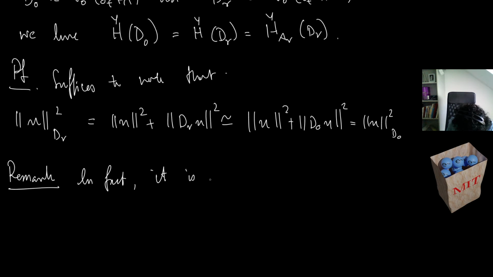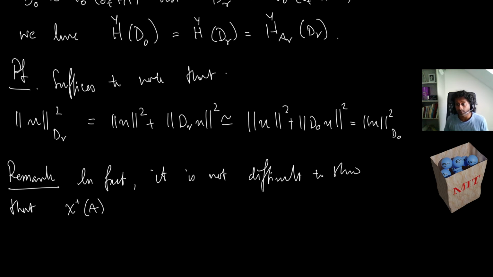It is not difficult to show that chi plus of A, so this is again in the situation where we are invertible omega bisectorial, or H minus A half, is actually equal to the trace map gamma acting on the kernel of D naught max.